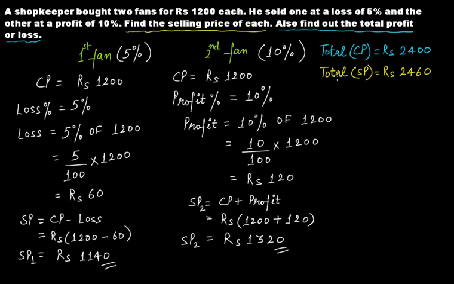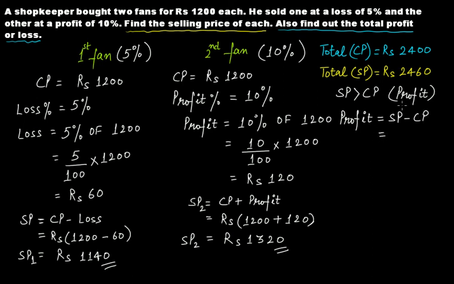Now tell me, isn't the selling price greater than the cost price in this case, right? And that means that you are actually making a profit, right? So your profit, if you combine these two, is the total selling price minus the total cost price.